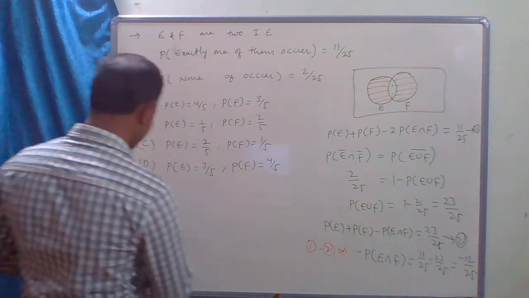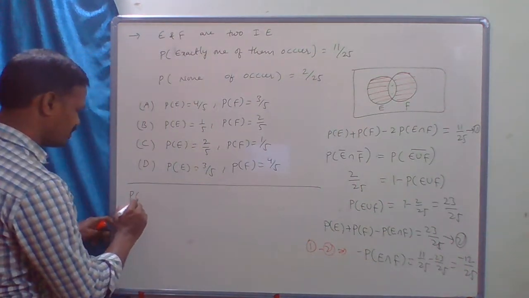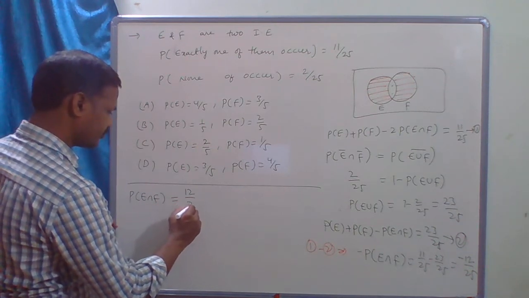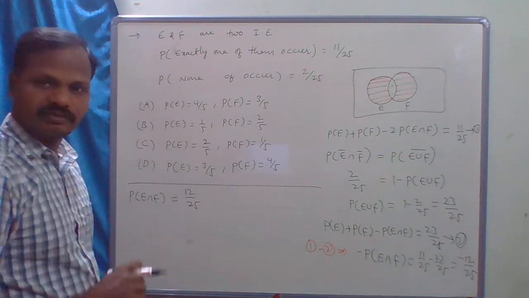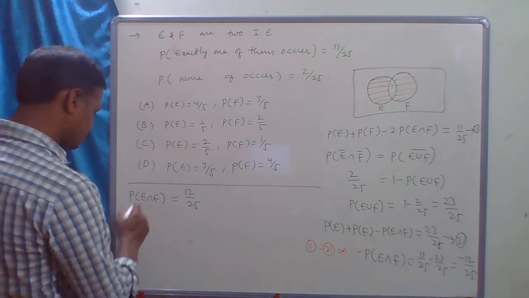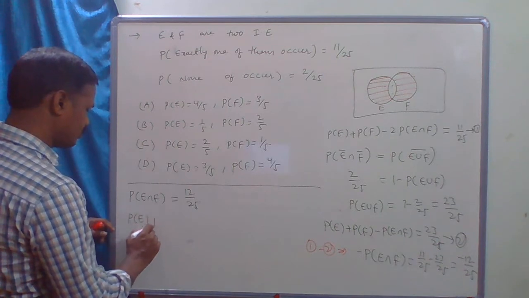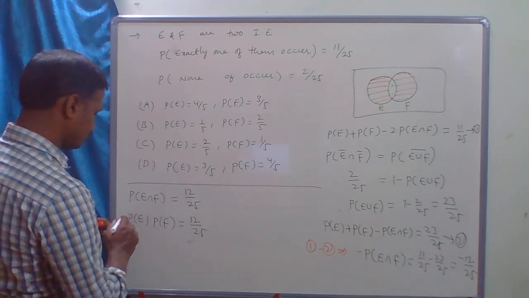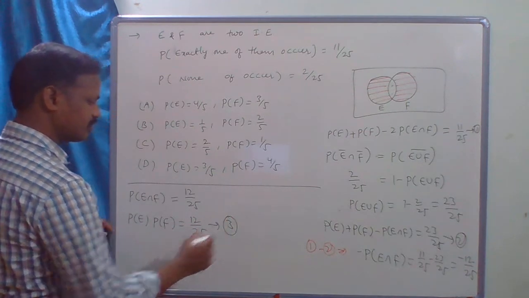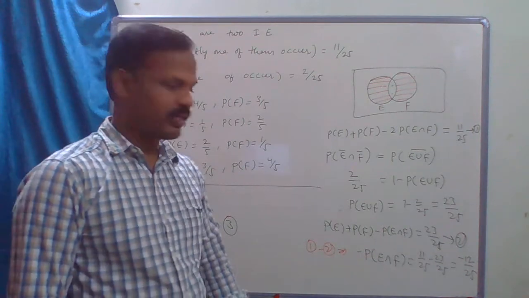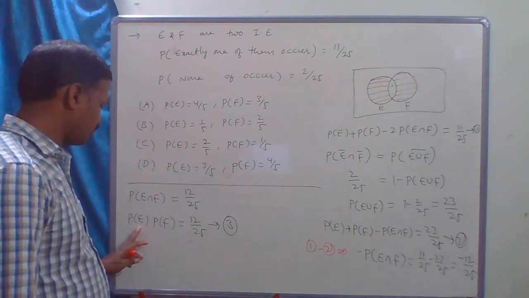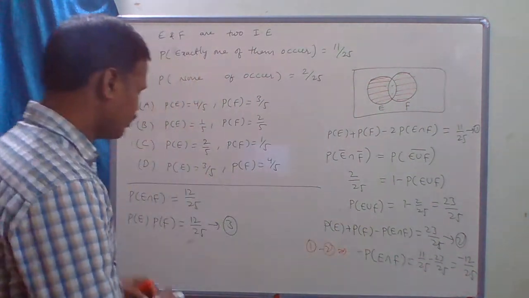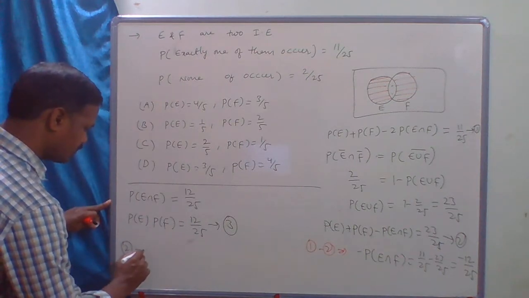So therefore, what is the probability of E intersection F? Probability of E intersection F equals 12 by 25. But E and F are independent events. So this is equal to probability of E into probability of F equal to 12 by 25. So this is equation number 3. Fine. Now if you substitute probability of E intersection F equal to 12 by 25 in equation number 2, what can you write?